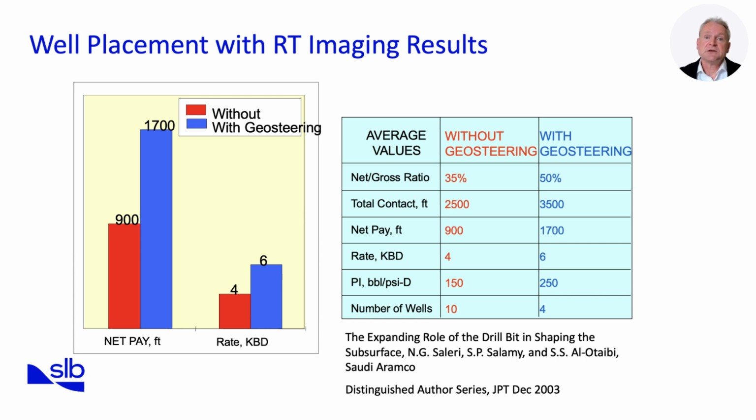This comparison shows the quantifiable benefits of geosteering: greater reservoir contact, higher recovery, and improved production efficiency. These improvements translate directly into better economic returns and optimized field development. With that understanding, let's revisit the methods available for well placement and then introduce advanced boundary detection tools.